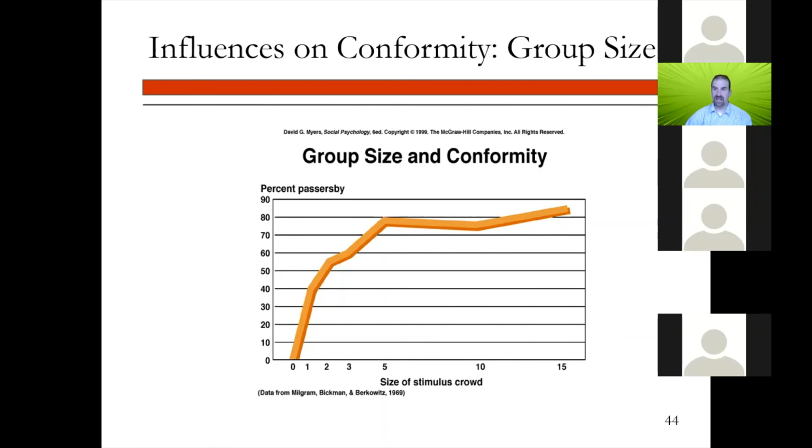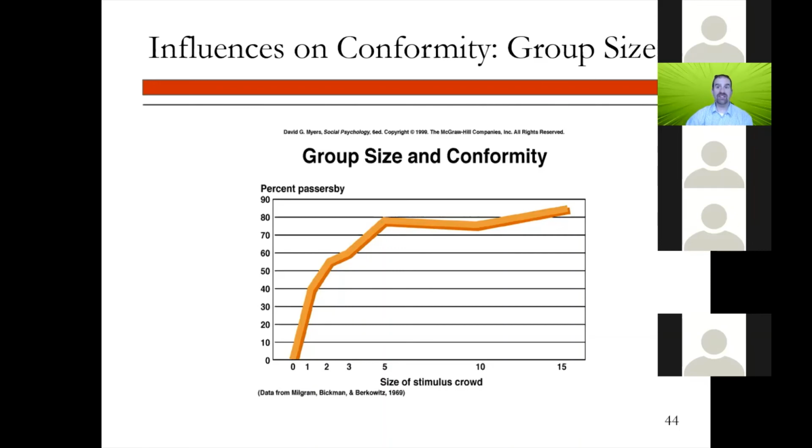They have less impact on influencing that person to start looking up. It's not a perfect match where you keep adding more and more people and conformity keeps increasing. Once you get to about 5 or 6 people in a group, conformity levels off. That's about how many people they had in our video.